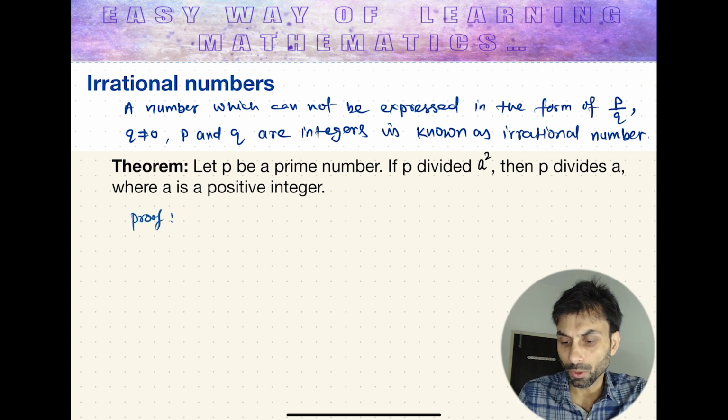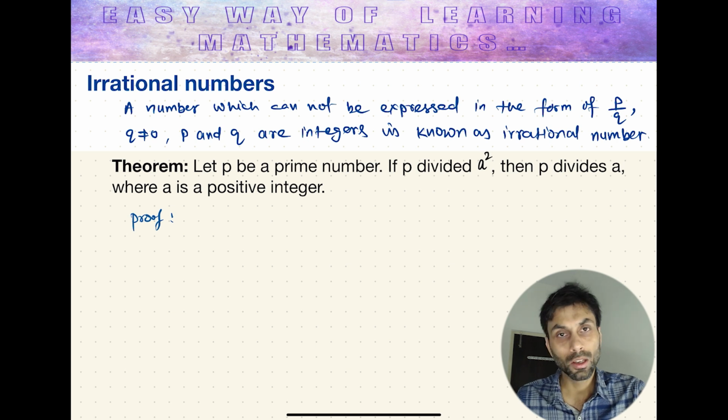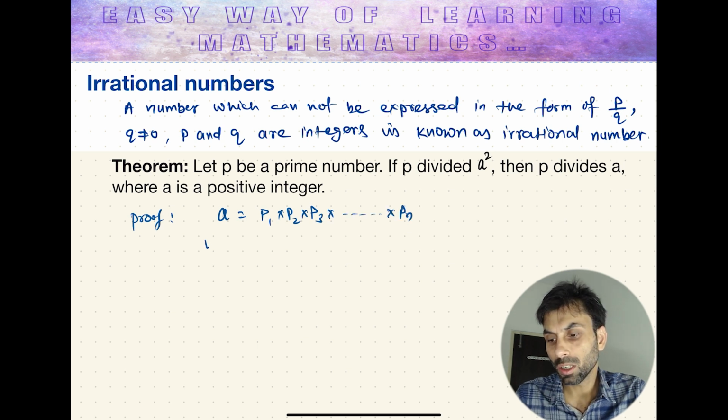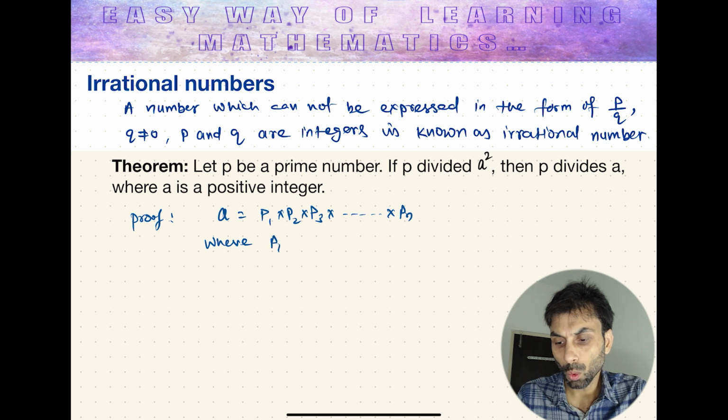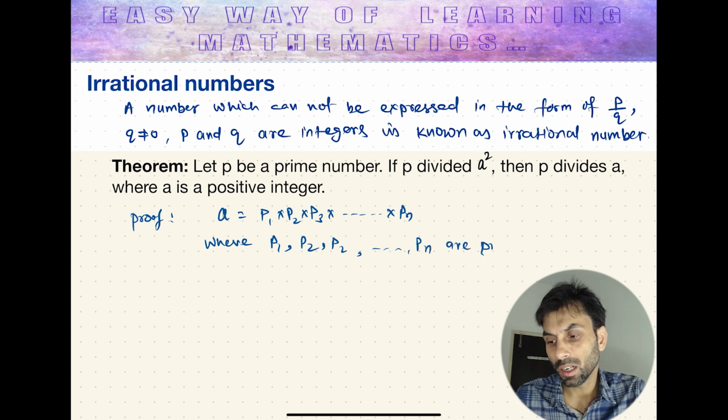So if we talk about the proof, you know that as per the fundamental theorem of arithmetic, every composite number can be expressed as the product of primes. So if a is a positive number, we can write a equals p1 into p2 into p3 and so on up to pn, where p1, p2, p3, etc. up to pn are primes.